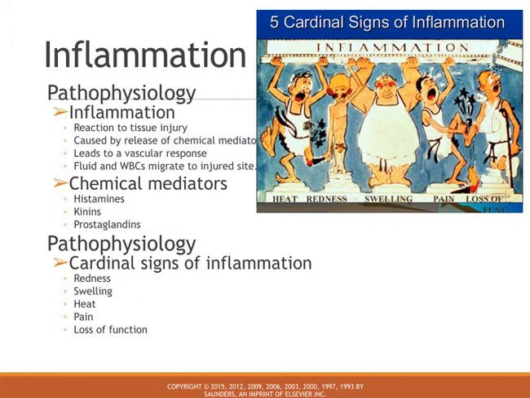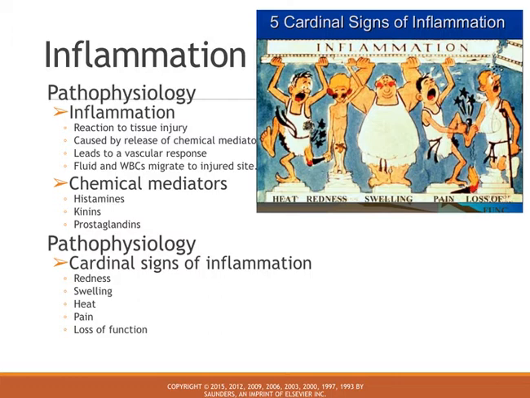Next is edema. Edema is swelling, and that's the second stage of inflammation. What happens there is plasma leaks into the interstitial tissue at the injury site. Heat at the inflammatory site can be caused by an increase in blood accumulation and can also result from pyrogens.